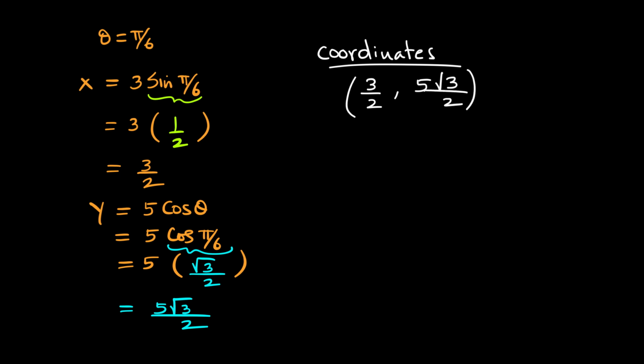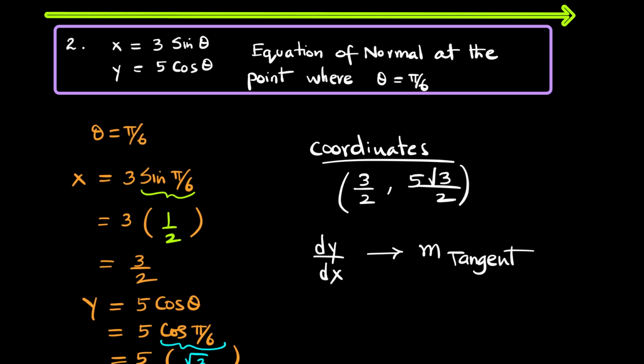Now what is left? We are interested in finding dy by dx. Remember, that is the gradient of tangent to the curve. So first of all, if I look at the question again, x is 3 sine theta, y is 5 cosine theta.